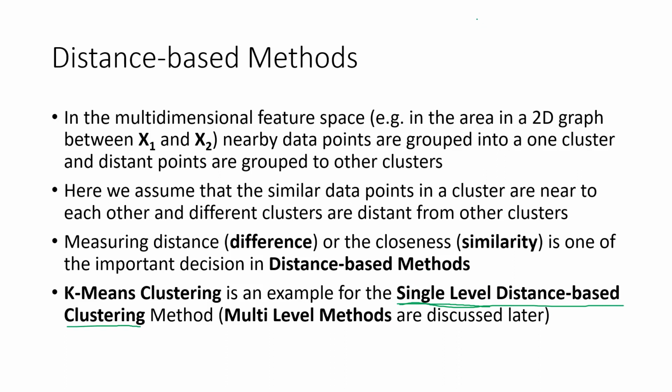So when you have data points like this and like this, one way is you can define clusters like this, and clusters like this. So this is one way of defining clusters.